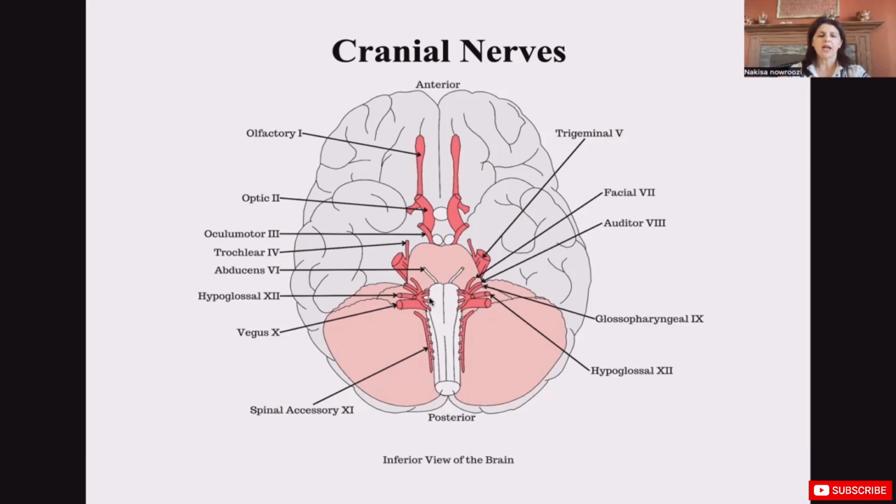We have hypoglossal nerve 12, these two. So they're in pairs on both the right side and left side.